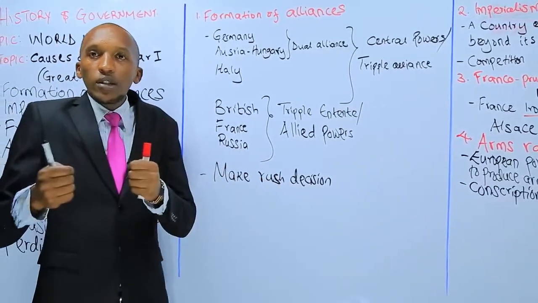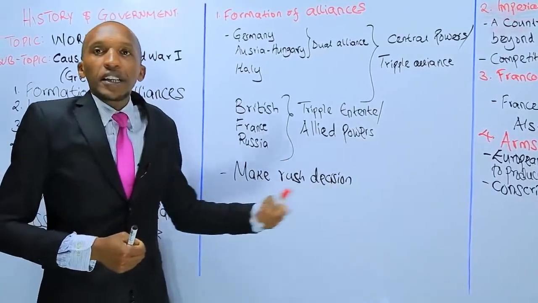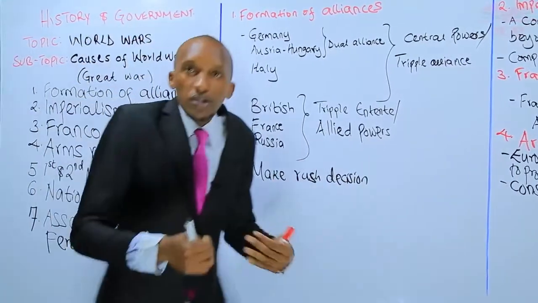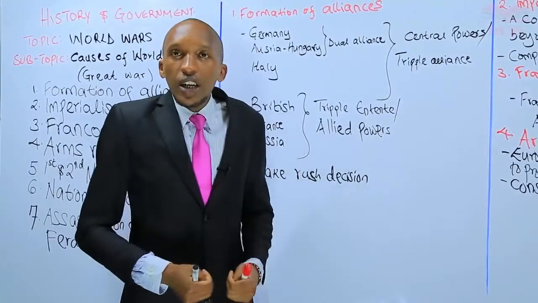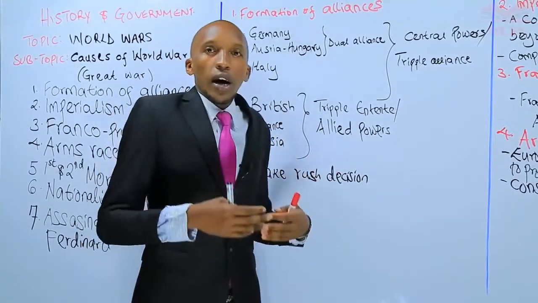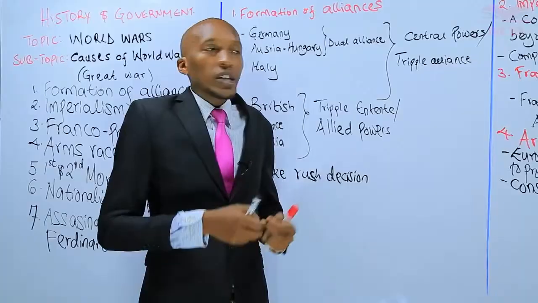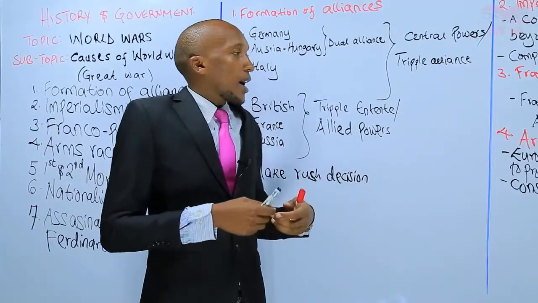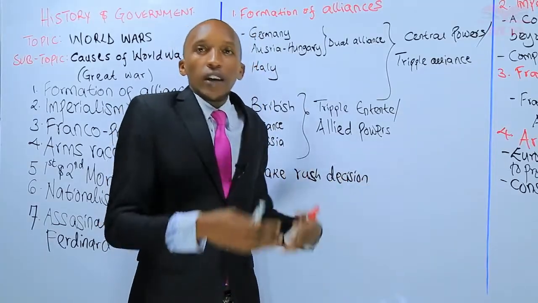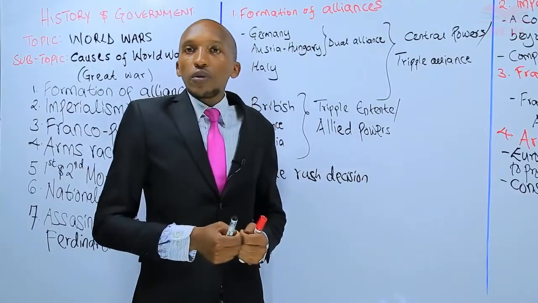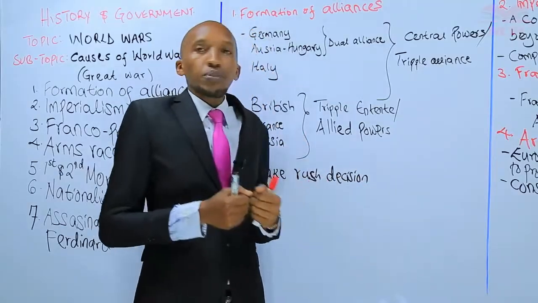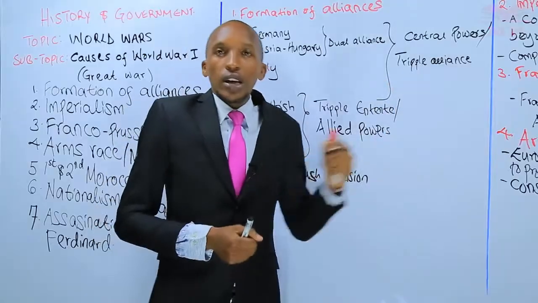Who has the strongest weapon? At this time, we find even warships being created. We find even more disastrous weapons, machine rifles. Every country was trying to find which weapon can I produce that my enemy does not have.